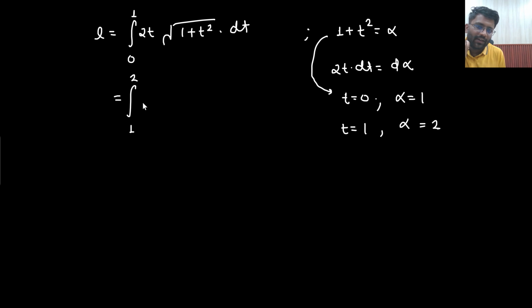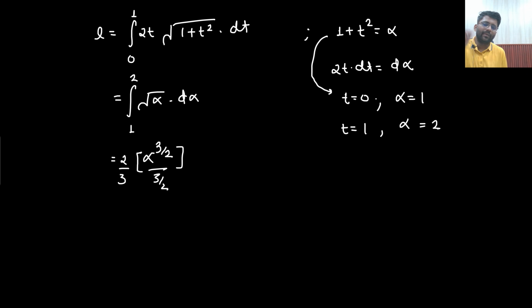Sorry, 1 plus t square is alpha only, so the square root of alpha, and 2t dt will be d alpha. So alpha to the power 3 by 2 divided by 3 by 2, the reciprocal of which is 2 by 3, from 1 to 2.